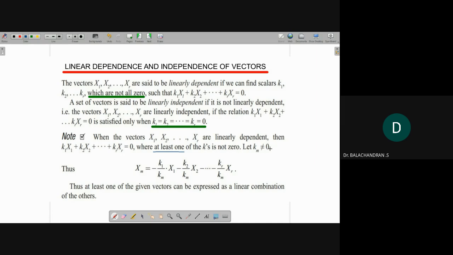Let us assume that km is not equal to 0. So the coefficient of km is xm. So you can write xm as a linear combination of the other vectors like this. Thus, at least one of the given vectors, that is xm, can be expressed as a linear combination of the others.